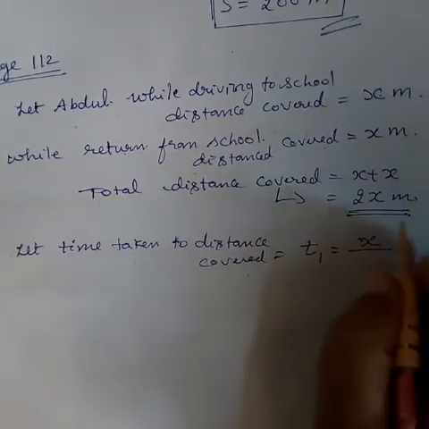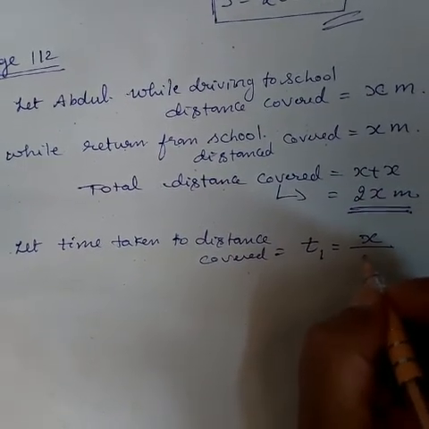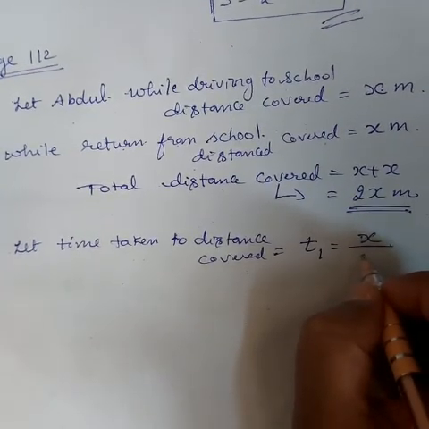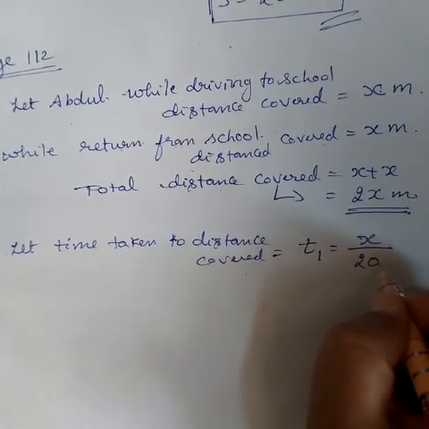Distance means x here, and speed is given. While driving to school, the speed is given. How much is the speed? Average speed is 20 kilometer per hour.